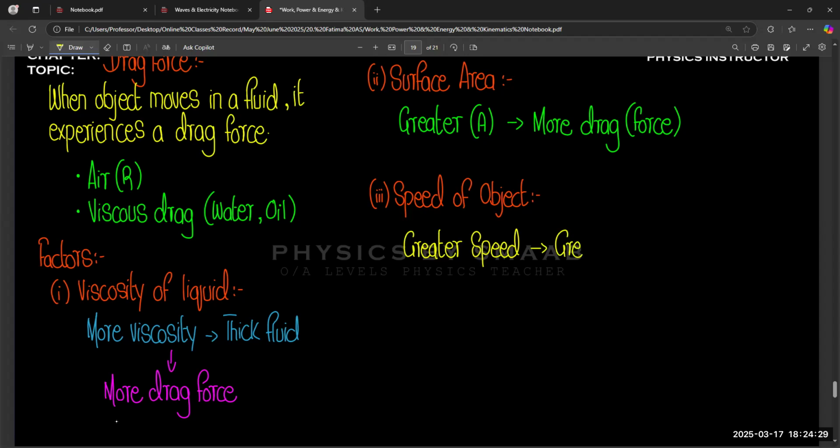Because if we are walking in normal atmosphere, we will not feel very high force from the air particles. But when we are running, the speed of our body is high, so we feel more air resistance in the surrounding. In the same way, if you drop an object with very high speed in the water, it will experience more drag force. So this is the third factor related to the drag forces acting on the object, right?